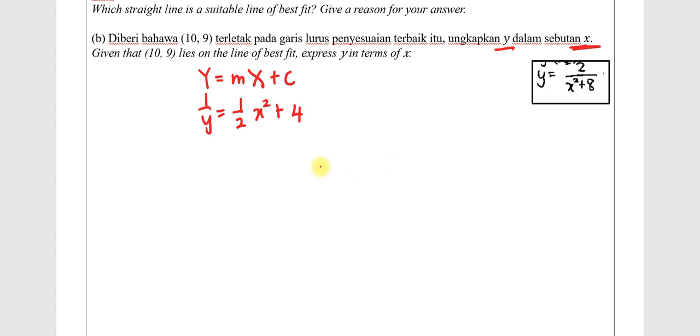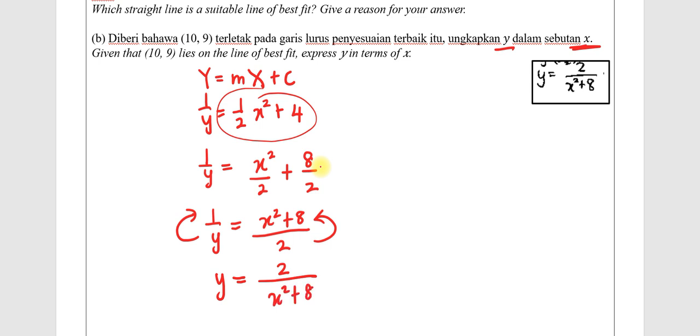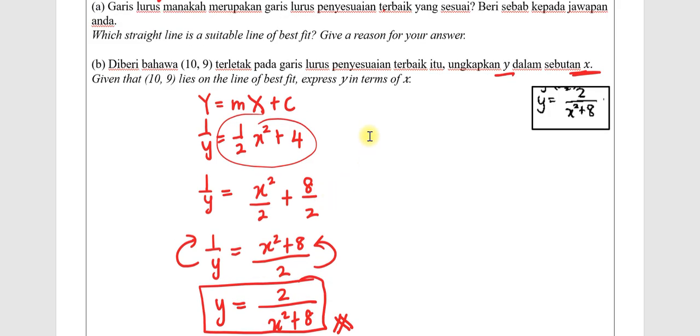So make this whole thing a single fraction, easier for us. This is actually x squared over 2 plus 4, which is 8 over 2, correct? So x squared plus 8 over 2. Now you want to get y, right? Just flip the fraction. So 1 over y is x squared plus 8 over 2, and y is 2 over x squared plus 8. This is your answer.